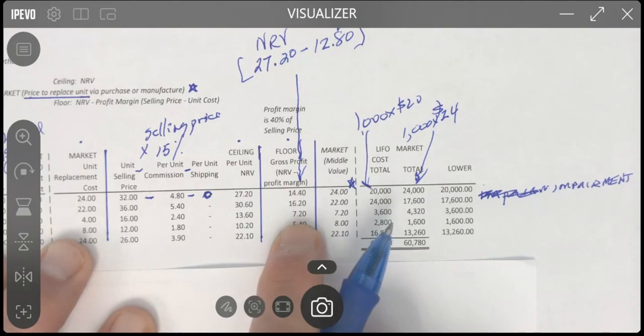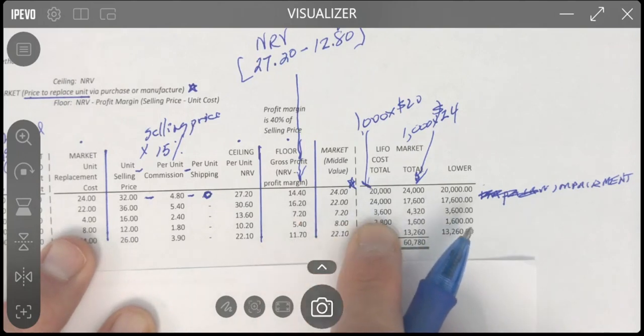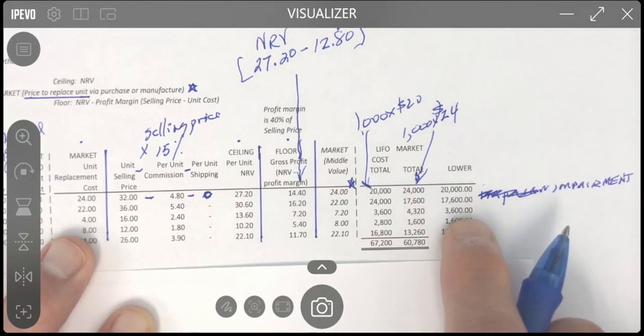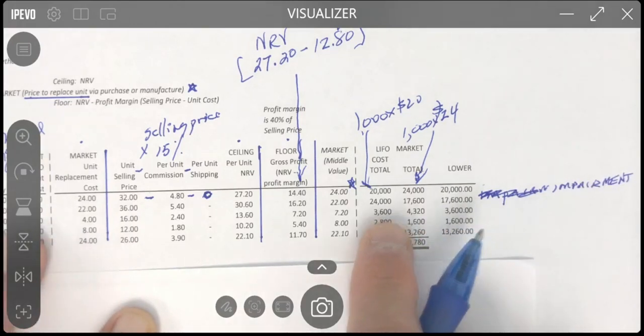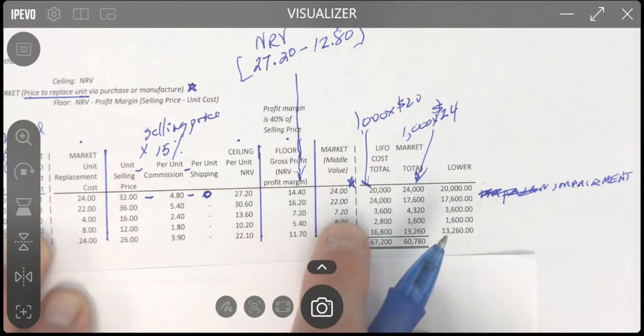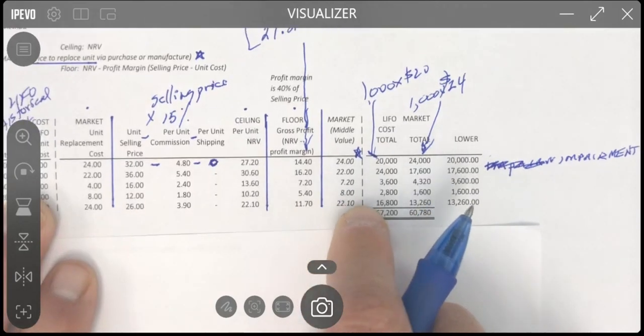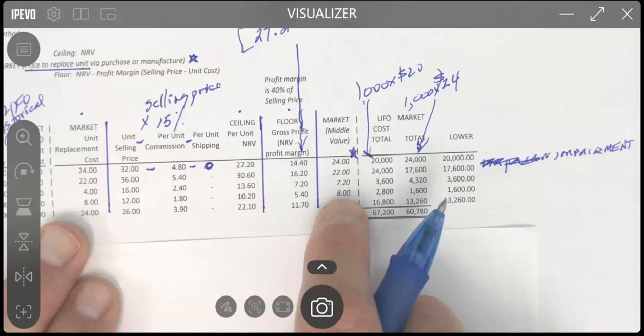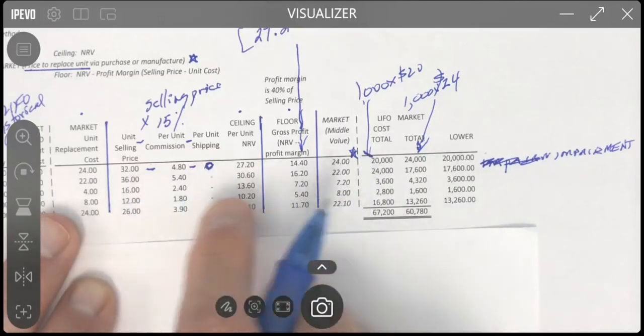We use the floor value for boys' sandals, but it's still no impairment because the LIFO cost of 6 is still less than the floor of 7.20, which is the middle value. For the girls' sandals, the $8 replacement cost is the middle value.